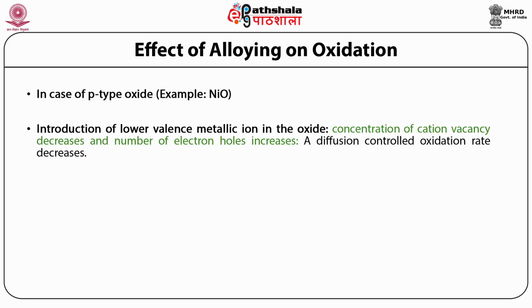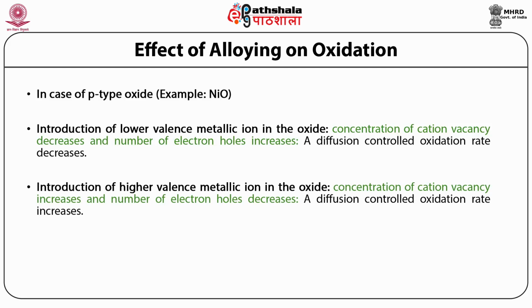Next is the introduction of higher valence metallic ions in the oxide. Here the concentration of cation vacancies increases and the number of electron holes decreases, indicating that the diffusion controlled oxidation rate increases.